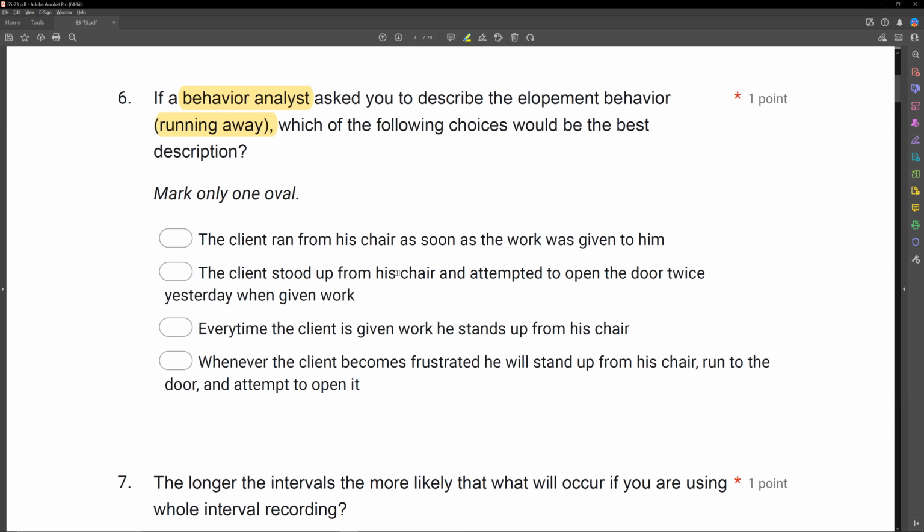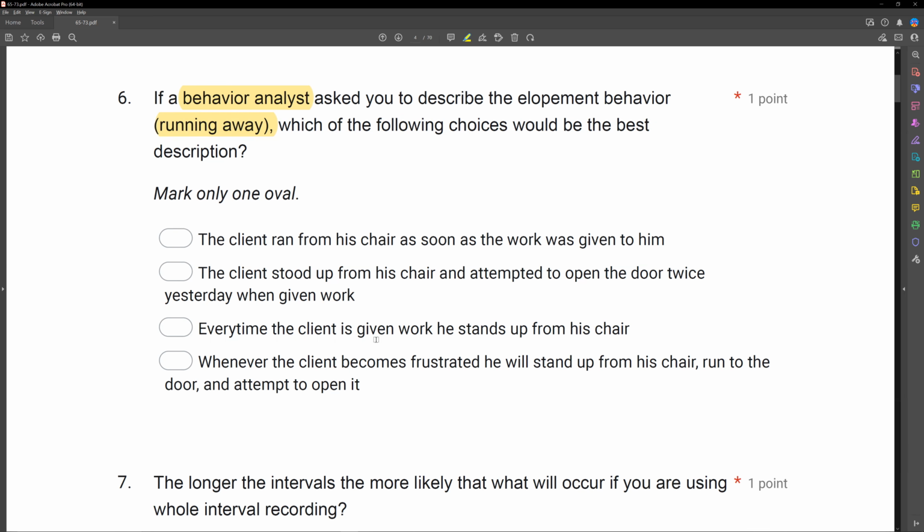We've got a client standing up from his chair and then attempting to open the door twice yesterday when given work. So this is a more detailed description than A. This just says ran from his chair. This says, well, he stood up and then attempted to open the door twice with measurement. So B is just much more complete, right?